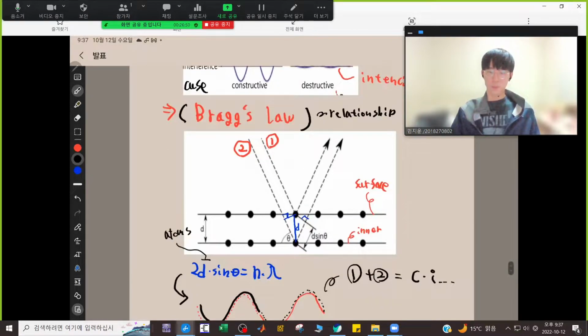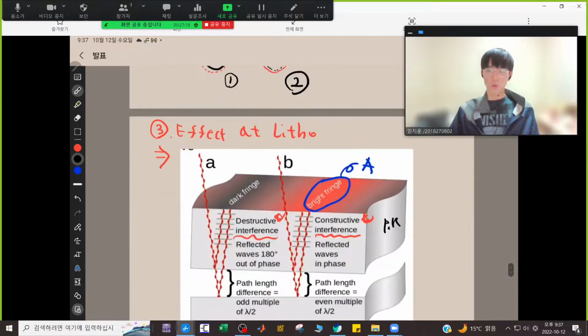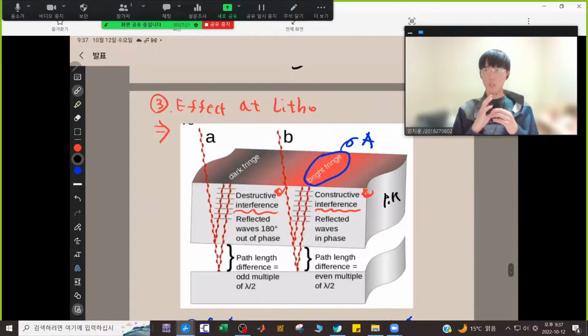If you see this equation, if the distance between the two waves is an integer multiple of the wavelength, then these two waves must produce constructive interference. This constructive interference makes some problems in lithography.